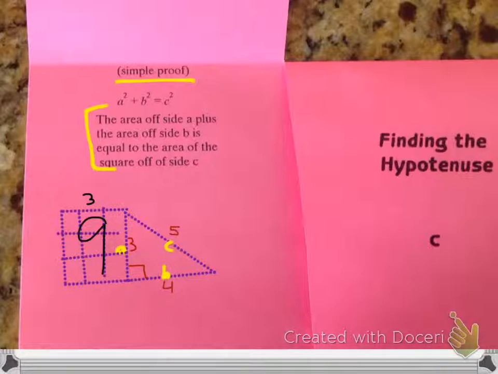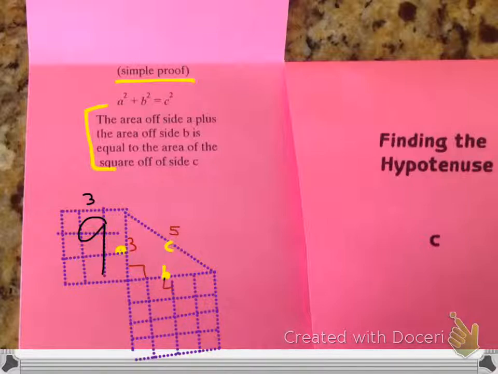You know where we're going with this. And then if we take this area, 4 by 4, 4 times 4 is 16.